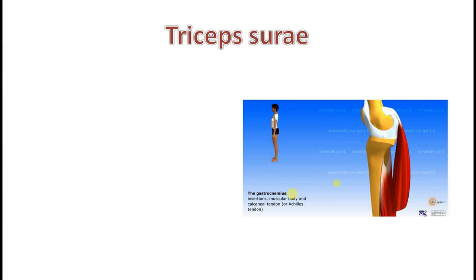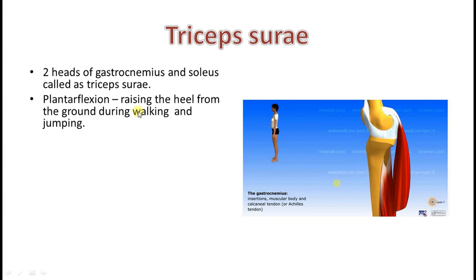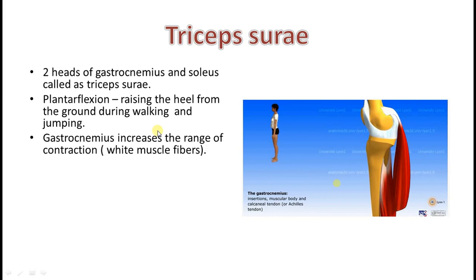So the chief action is plantar flexion, which is very, very necessary for walking or running. So Triceps Surae, the combination of the gastrocnemius and the soleus muscle, raises the heel from the ground, especially during walking as well as if you want to jump. That is the function.